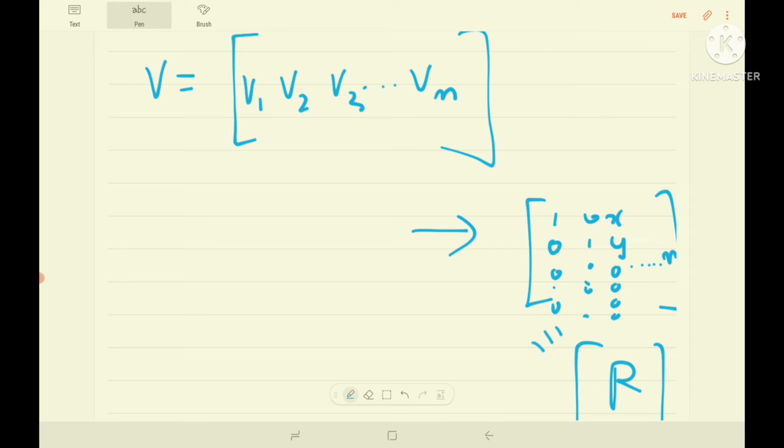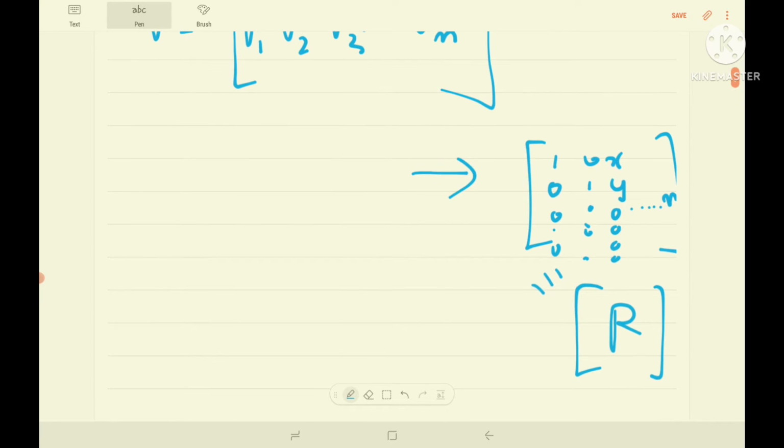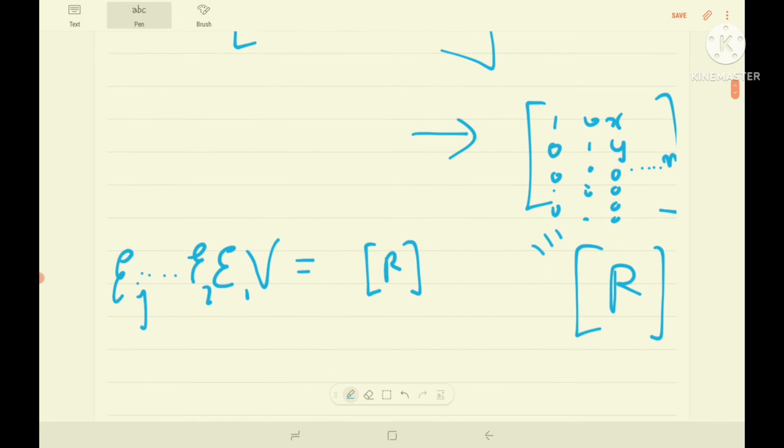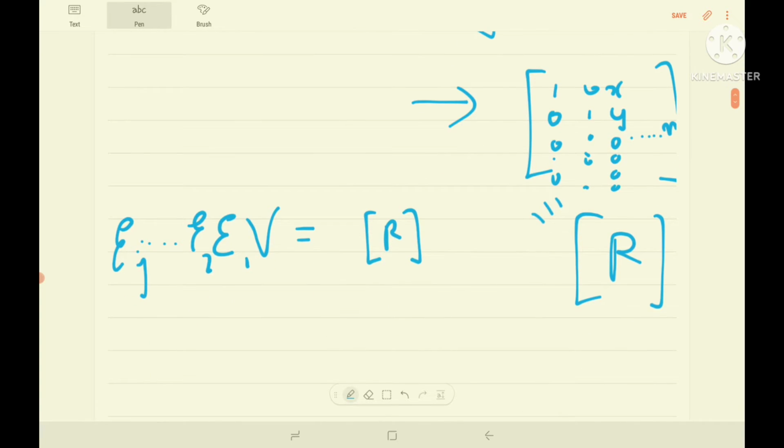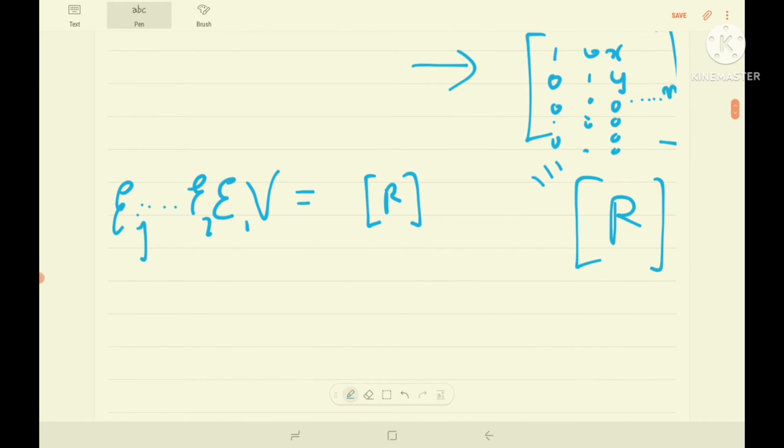Suppose that I did some operations in sequence as E1, E2, and so on till Ej, and that comes out to be R. Another fact about these E kind of matrices is that each does one operation in one step.